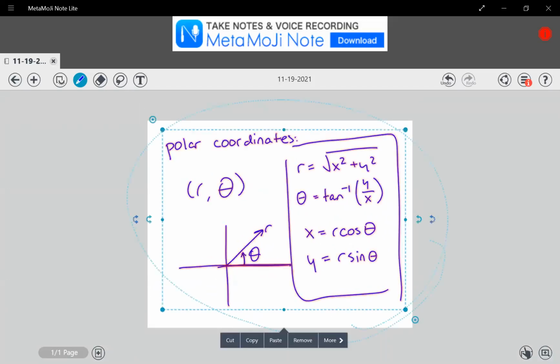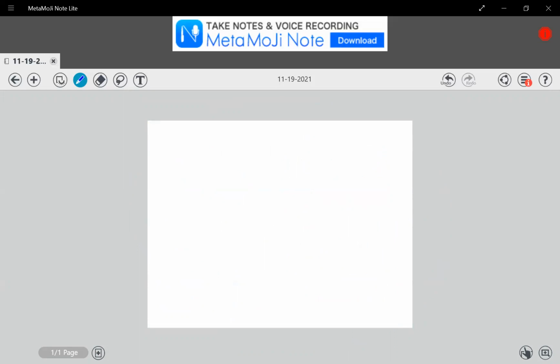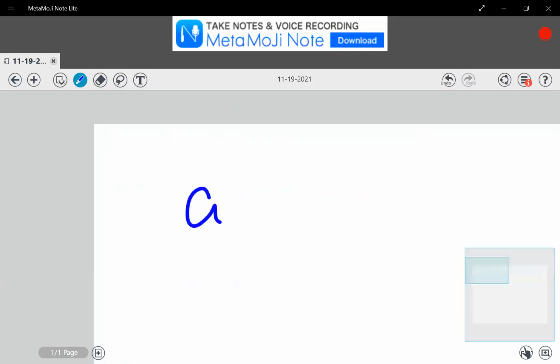So fun fact is that our a plus bi can actually be rewritten in polar form. And I'm not going to go through the derivation of that for multiple reasons, but I will be explaining what's going on.